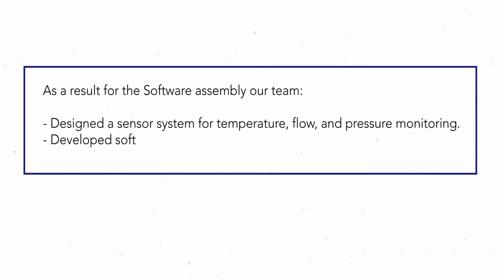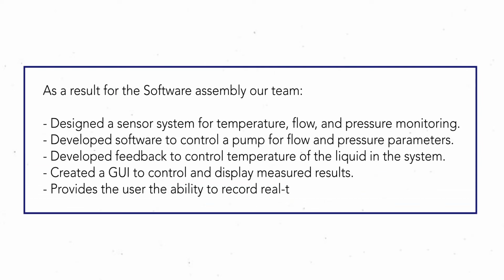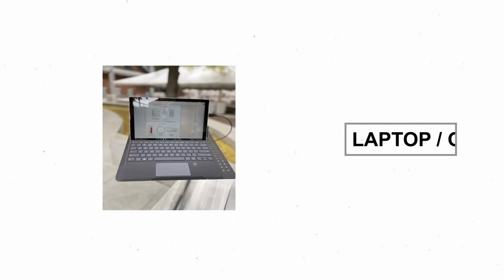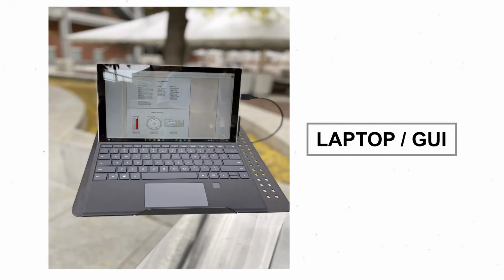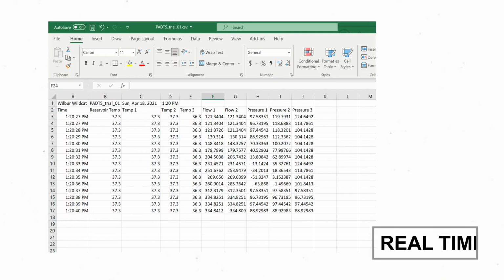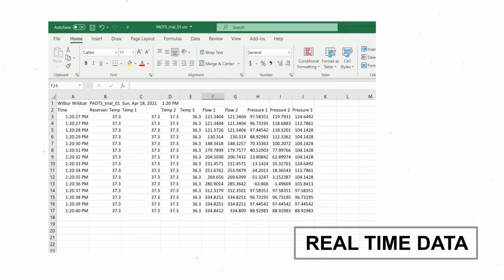As a result, for the software assembly, our team designed a sensor system for the temperature, flow, and pressure monitoring, developed software to control a pump for flow and pressure parameters, developed feedback to control temperature in the liquid of the system, and created a GUI to control and display measured results and provide the user the ability to record real-time sensor data.